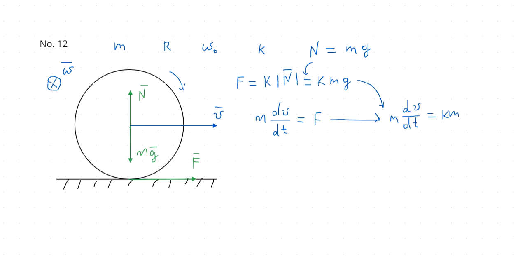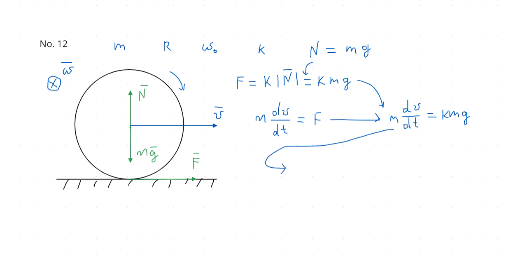From here we can divide the left and right parts by m, because m is not equal to 0, so we can make the division.